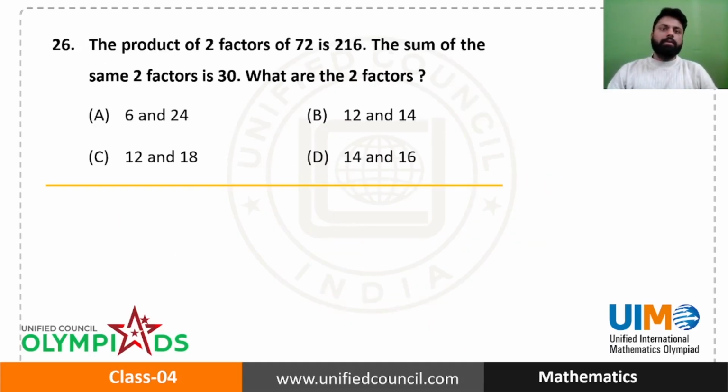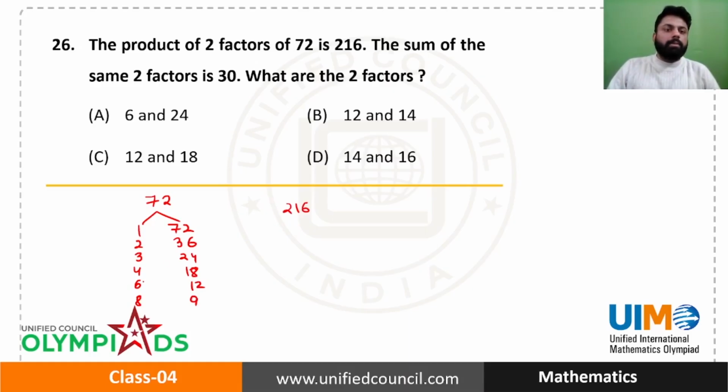The product of two factors of 72 is, see the factors of 72. This is 1 and 72, 2 and 36, 3 and 24, 4 and 18, 6 and 12, 8 and 9. The product of two of the factors is 216. 216 is something we can get from 6 multiplied by 36.